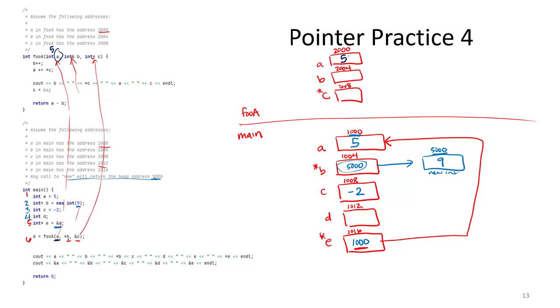Next I plug in, notice my asterisk b. Here that means I'm going to plug in the value b is pointing at. So I'm going to be plugging in 9 for my second argument in foo, but look what's happening here. There's an ampersand. That means we're doing pass by reference again. So this b variable is passed by reference.